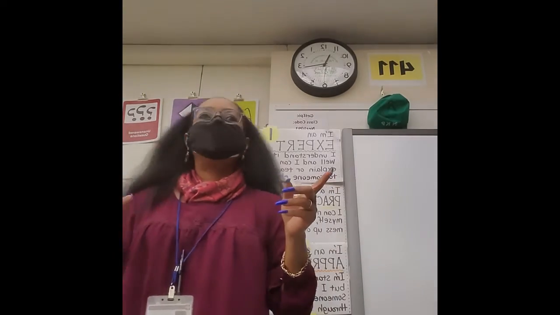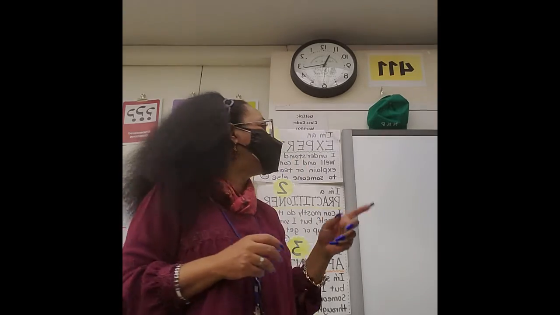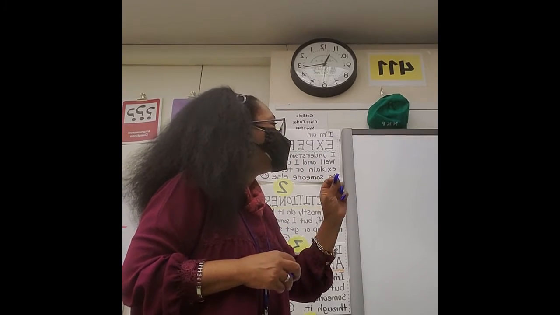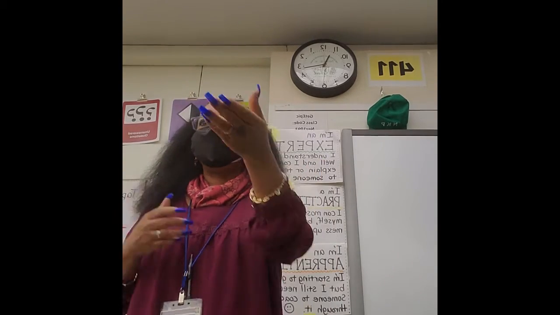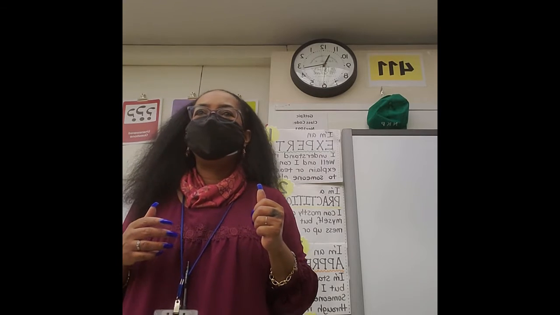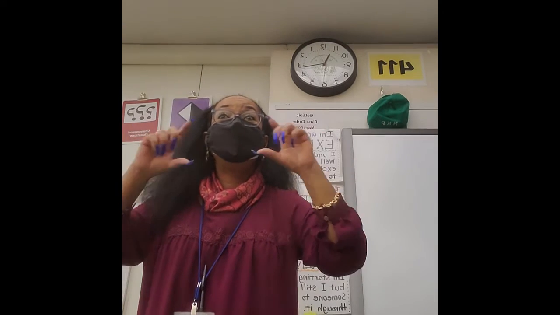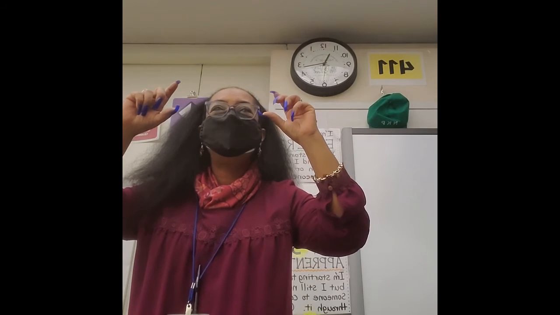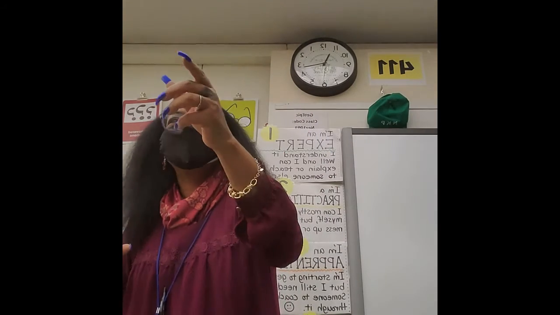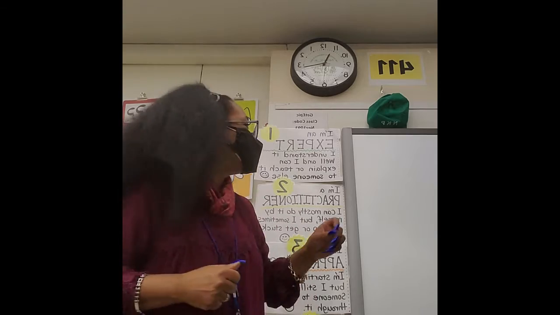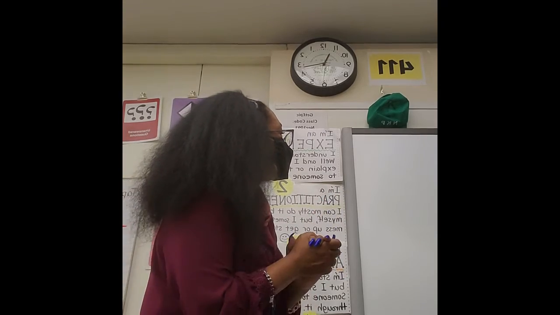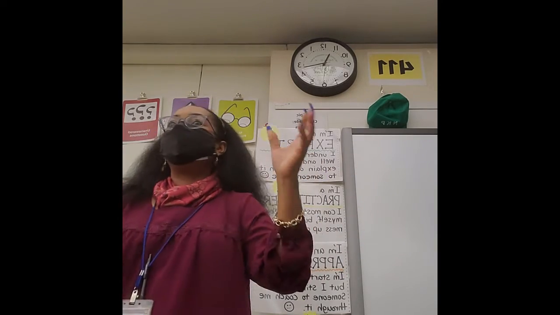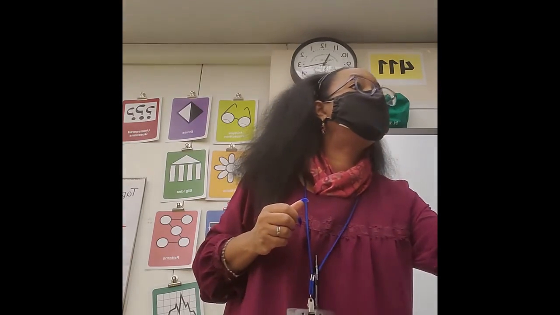I want to review to see if we remember some of these terms. What is the body of people entitled to vote? Yes? The people who are entitled to vote are the electorate. Very good. Okay. What is another word for the right to vote?